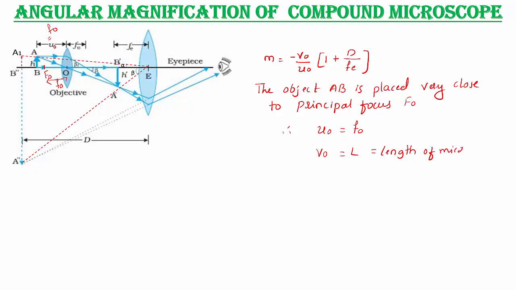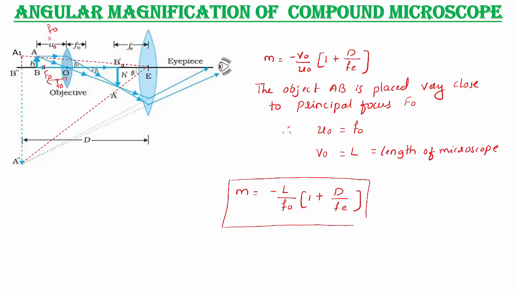Length of microscope. So, the above equation becomes M equal to minus L divided by F0 into 1 plus D divided by Fe. So, this is the angular magnification of compound microscope under normal adjustment.